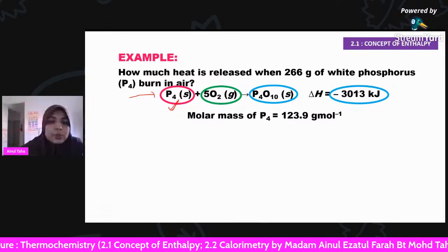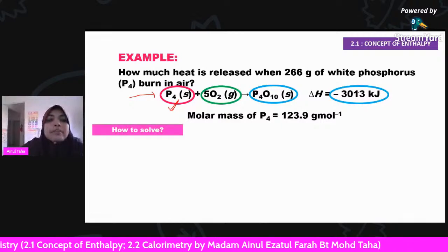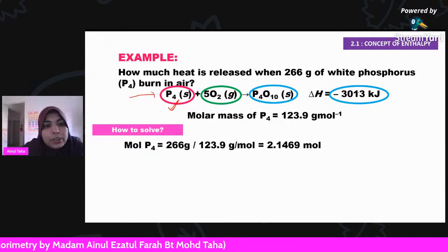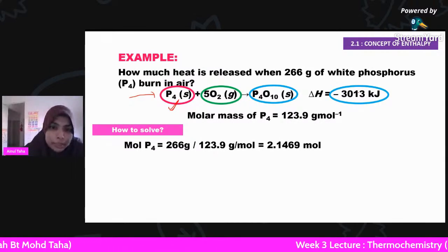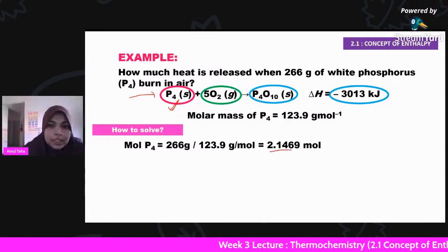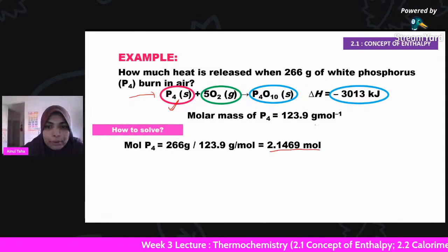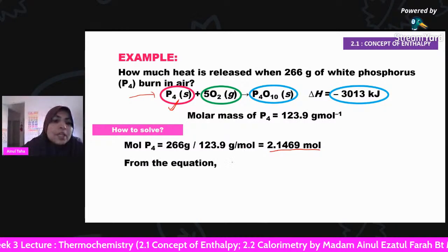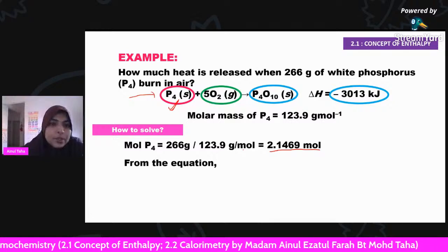So let us find out how to solve the problem. First of all, you find the mole of the phosphorus and you will get 2.1469 mole.